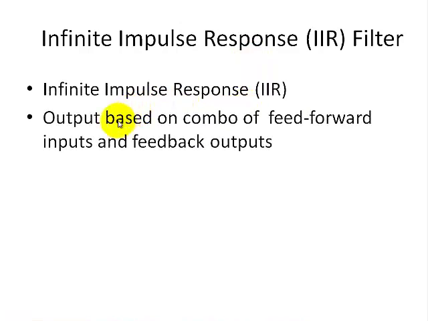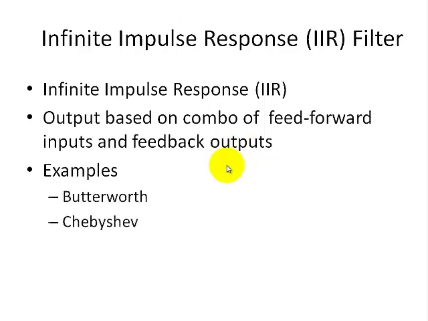Basically, its output consists of a combination of feed-forward inputs and feedback outputs. So you're taking the output and feeding it back as part of the input along with the signal input. Examples of IIR filters include the Butterworth, the Chebyshev, and the elliptic filters. And I'll discuss these in future videos.